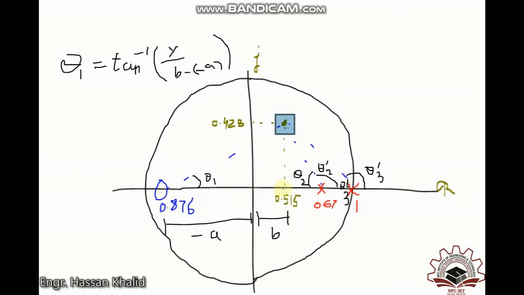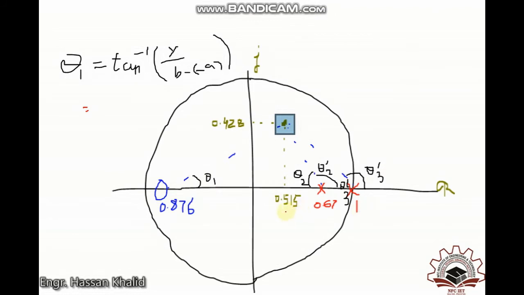From this point to here is denoted by B, and from the origin toward the zero on the negative side is minus A. So the total distance is the subtraction of these two points, that is B minus minus A, which becomes positive. If you place the values, you will get about 17.01 degrees. So this is the angle contribution by the zero, theta 1.